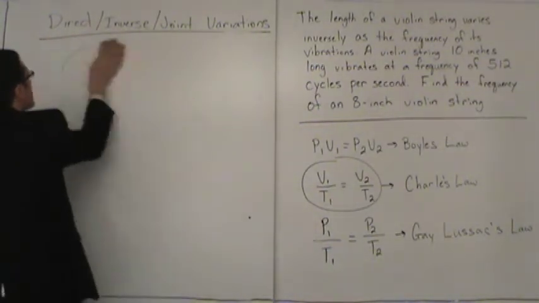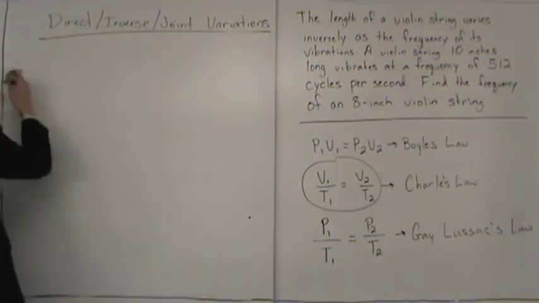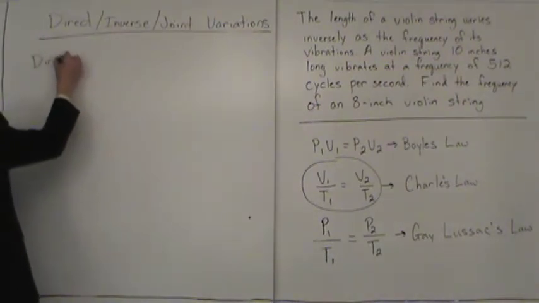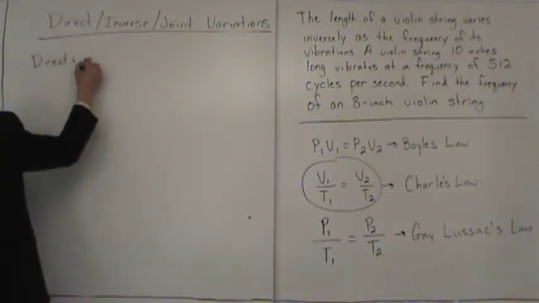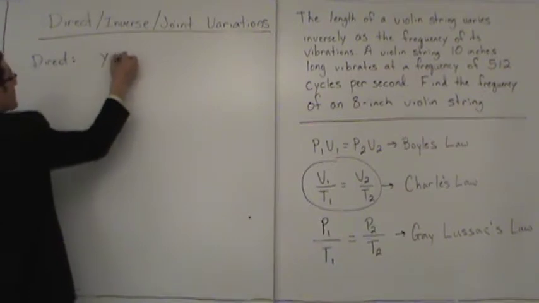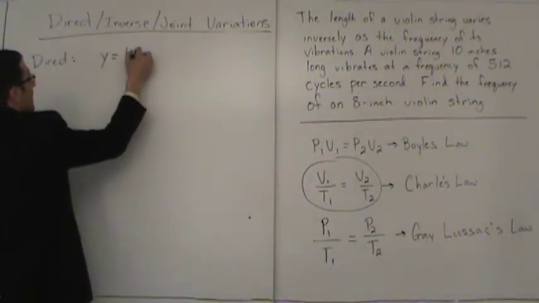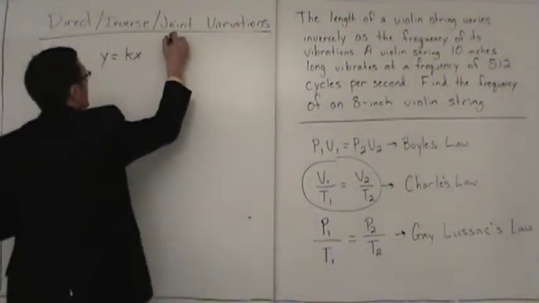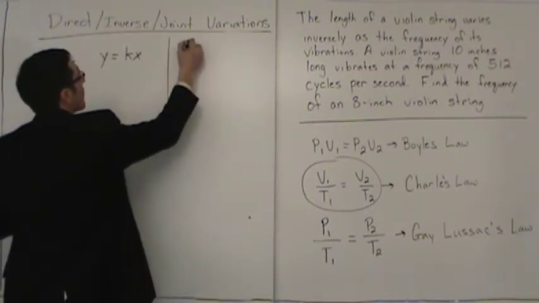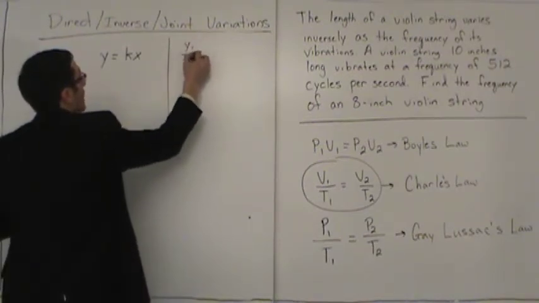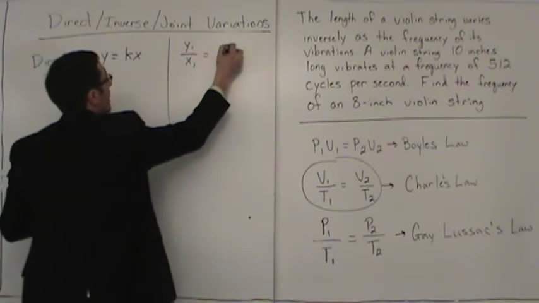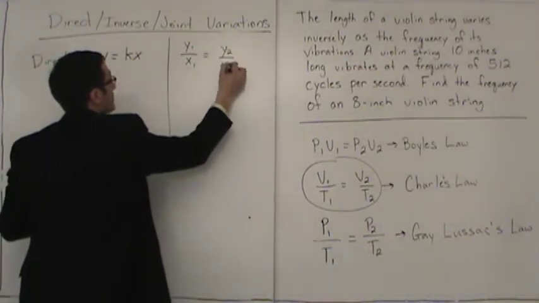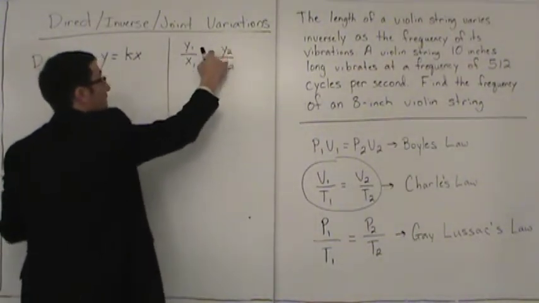For direct variation, we either have y equals kx, or we can use the equation y1 over x1 is equal to y2 over x2. Notice that there is no k value in this equation.